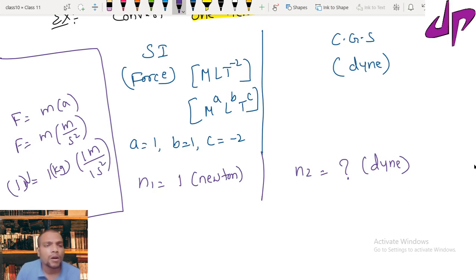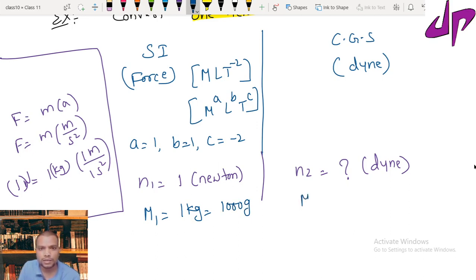It means on 1 kg mass, if a force acts for a time of 1 second and the acceleration produced is 1 meter per second square, then we define that as 1 Newton force. On the left side it's 1, so everything on the right side should also be 1. Now I take the physical quantity M1 equal to 1 kg, which also equals 1000 grams.